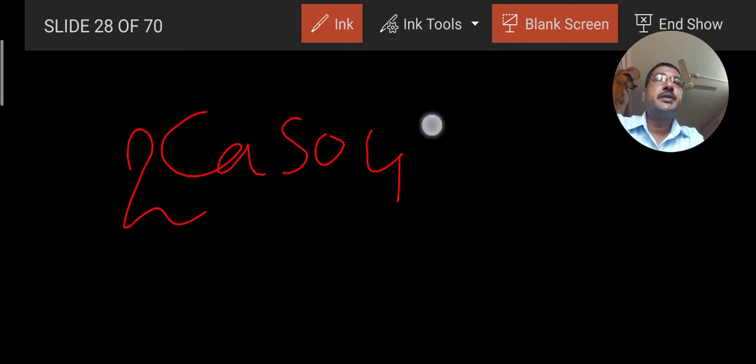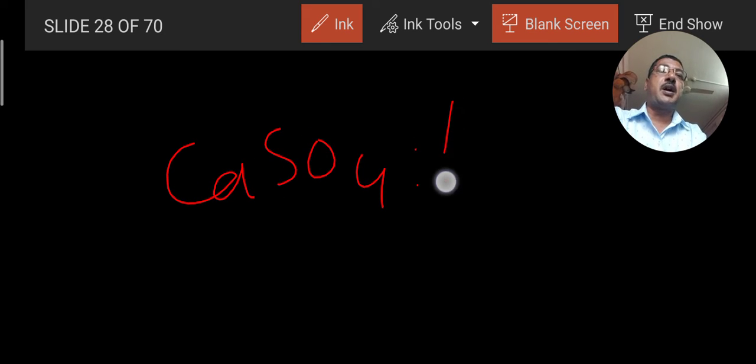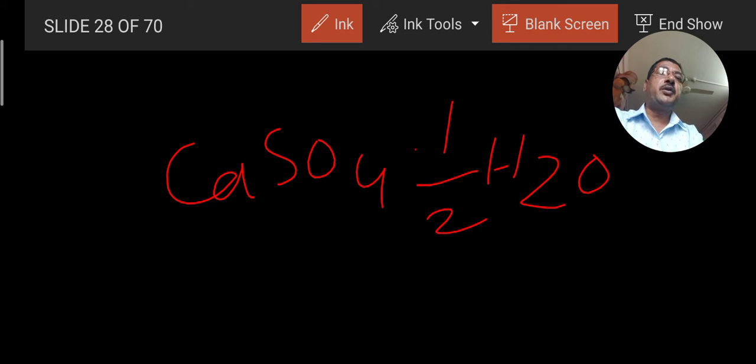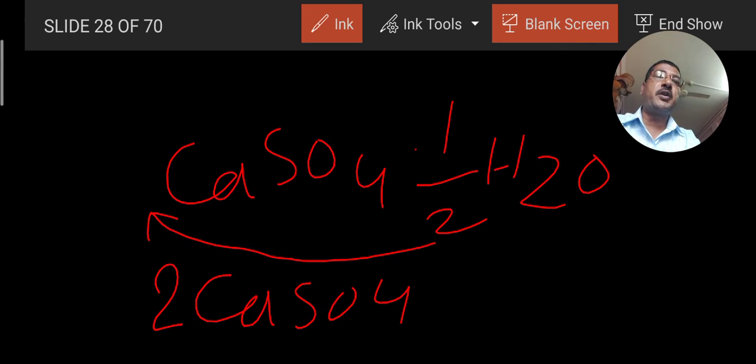If you write it like this, CaSO4 into half molecule of water, then you can multiply this half to this side. So what will you get? CaSO4, here it will become 2 molecules into H2O.